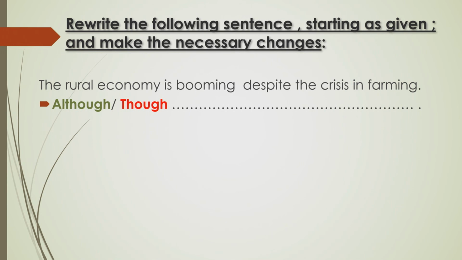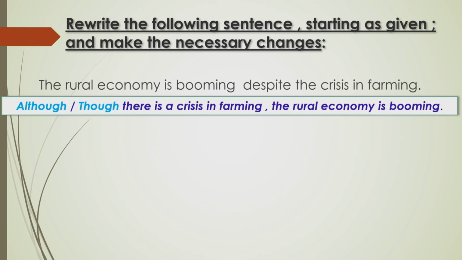All right? Now, let's try to read again the sentence. So you see that we have two contrasting situations. The first one is positive, whereas the second is negative. And if we use although or though, we'll get this sentence, which expresses the same function.